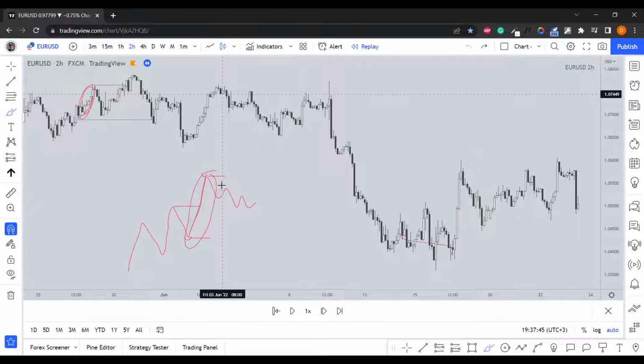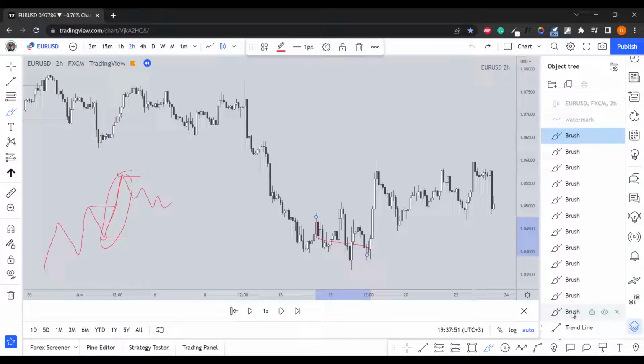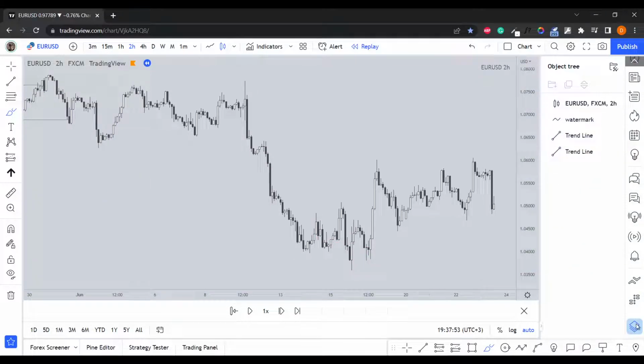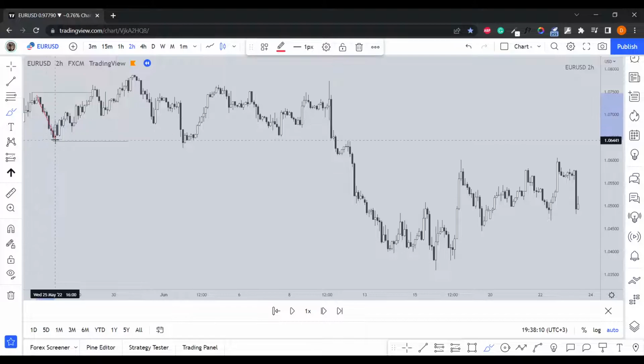Let's do it on this chart. Let me delete these brushes. So as you can see, we had this down push, and then the market started to perform some kind of price action inside.